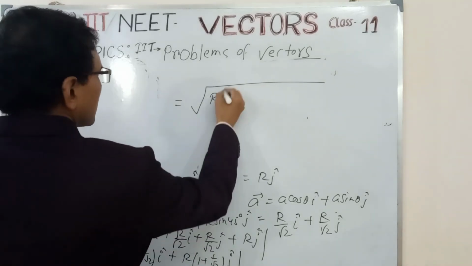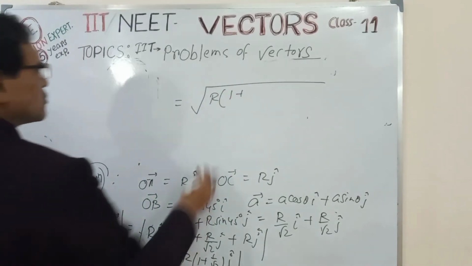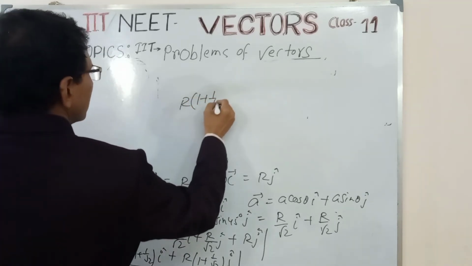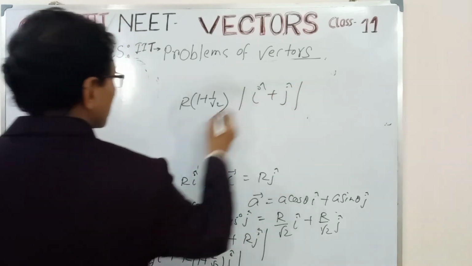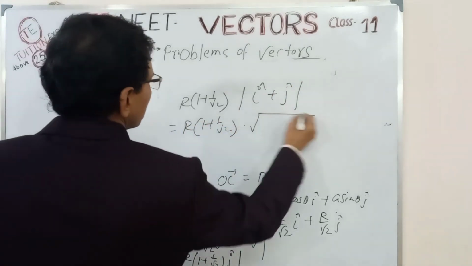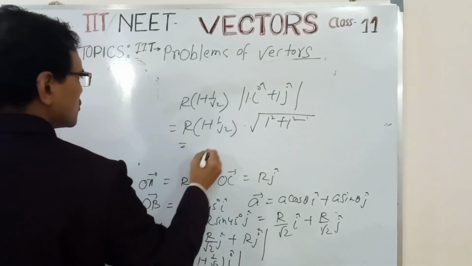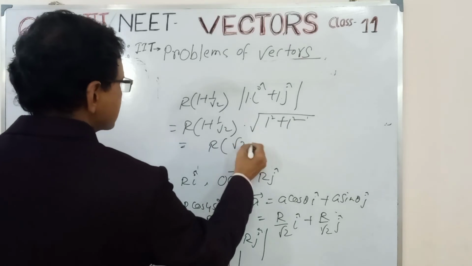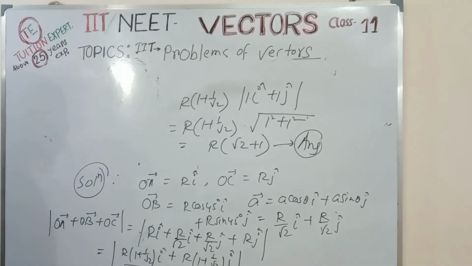The result is, we take common R into 1 plus root 2. Coefficient is 1 and 1, so 1 square plus 1 square, that is root 2. So this is the answer.